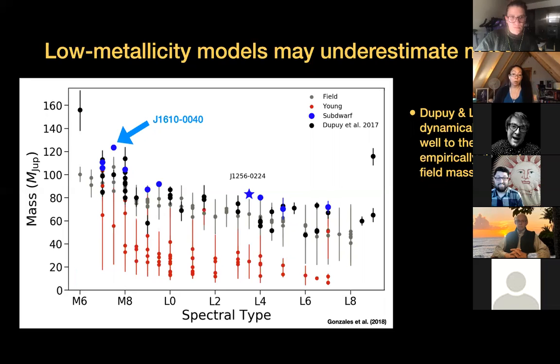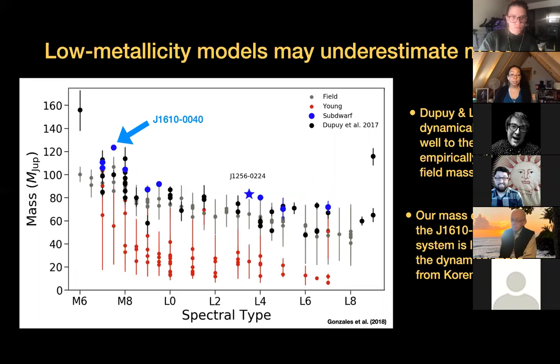It's got a dynamical mass in Cornell 2016. Comparing our value to theirs, we find that our mass for the system is underestimated compared to what they get from the dynamical masses, which is pointing towards the fact that these low metallicity models may in fact be underestimating the masses for these objects.